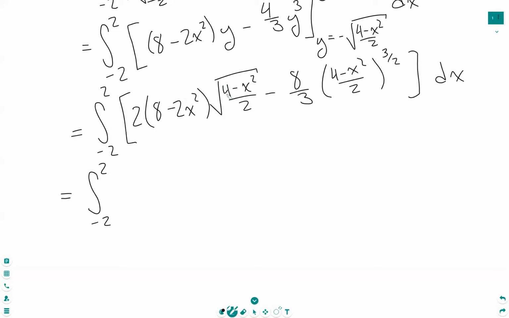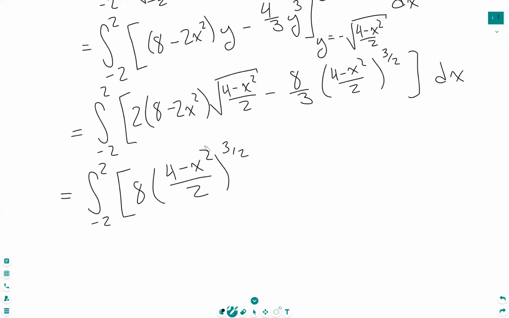Well, this is this term right here. So what I could do is simplify this as 8 times 4 minus x squared over 2 to the 3/2 power.